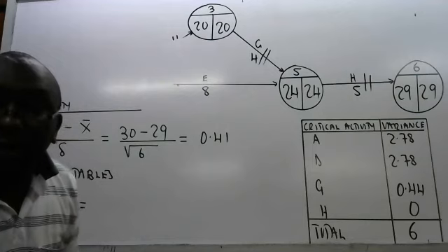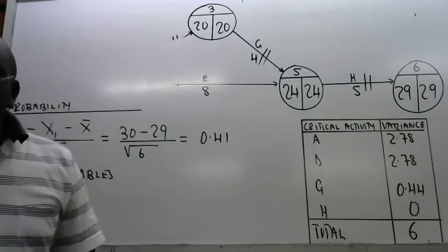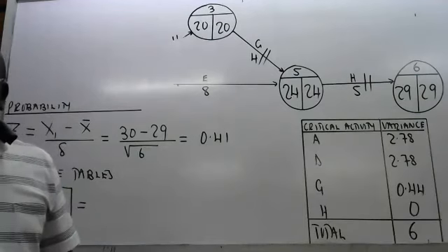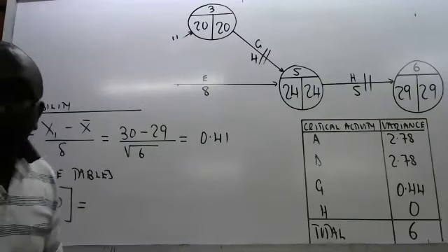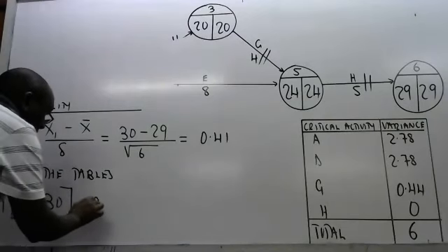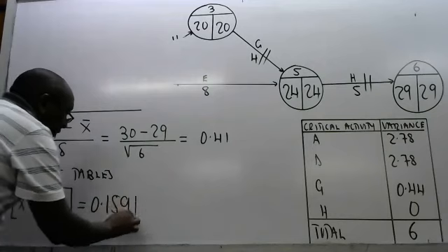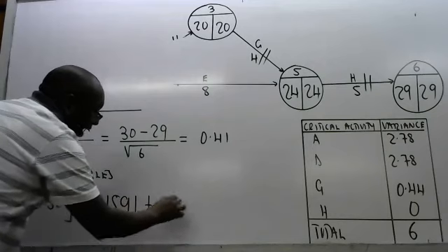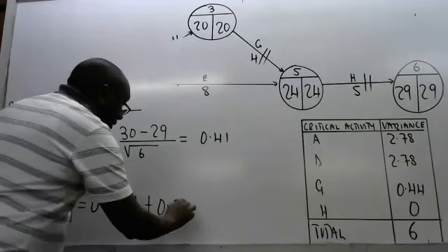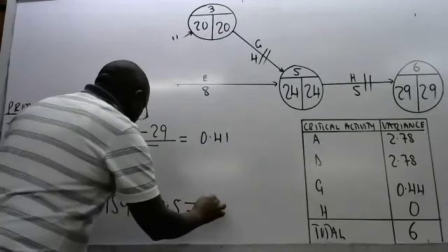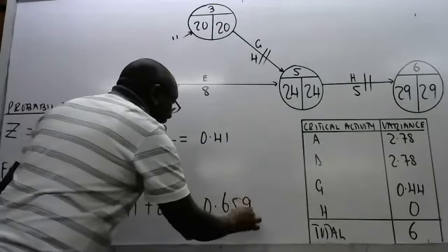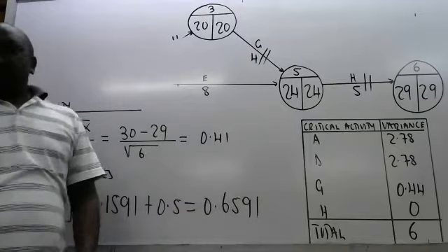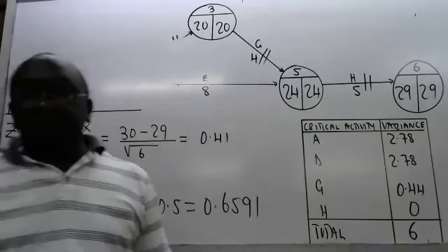Aha, 0.1591. So you add 0.5 because of the lower side. So the probability will be 0.6591.